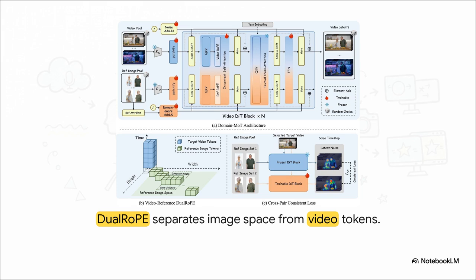Now, look closely at the green cubes representing the reference image tokens. They are not placed inside that 3D video grid. Instead, DomainShuttle takes them and assigns them to a completely separate, entirely independent RoPE space. By utilizing this dual RoPE mechanism, the model creates an explicit, hard separation in the latent space.